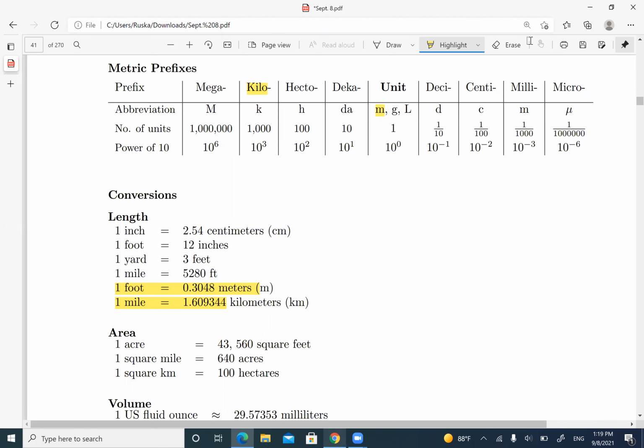Okay, so that means let me write it here. So I have 1 mile, and actually I have to put mile in the bottom, and I have 1.6. I'm going to just use 1.6 kilometers, right? And then I'm going to multiply, I'm going to put the kilometer in the bottom and meter in the top.